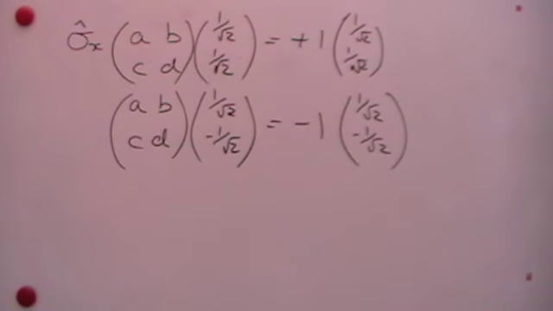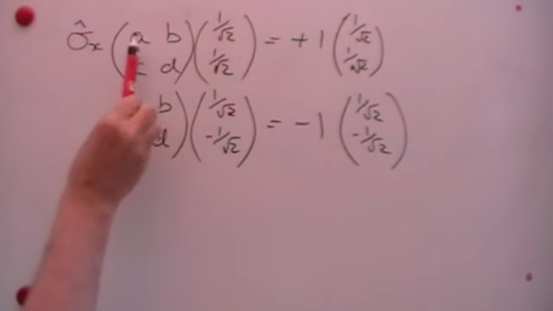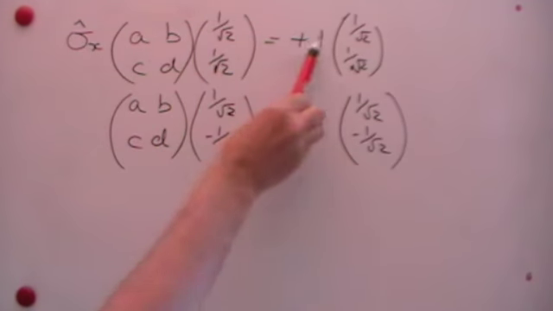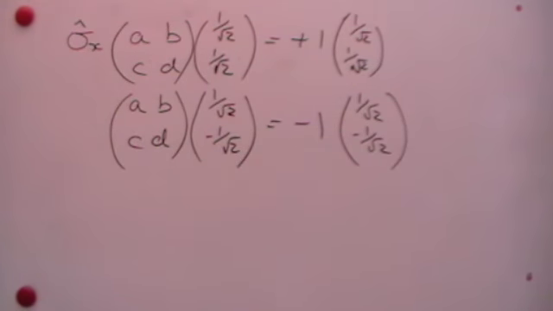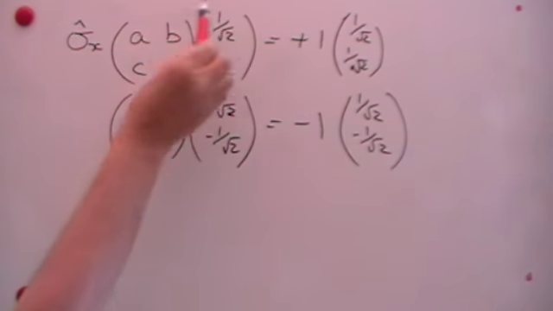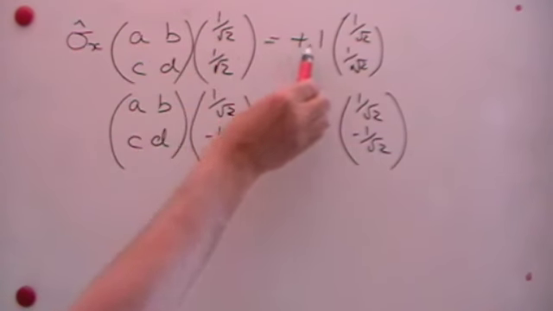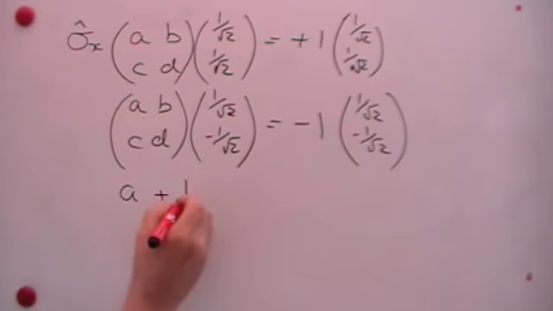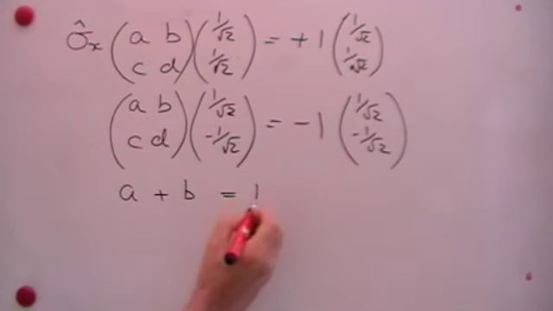And now I can multiply just as I did before, but we're going to get a lot of over root 2's. In fact, every time we multiply, we're always going to get an over root 2. So I'm just going to leave all the over root 2's out because they will cancel on both sides of the equation. So I'm just going to look at the numerators of these fractions. A times 1 plus B times 1 equals 1.